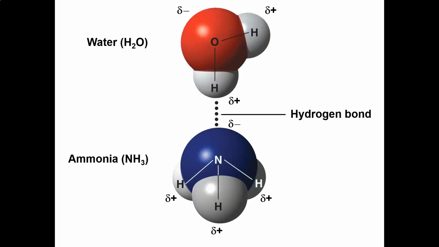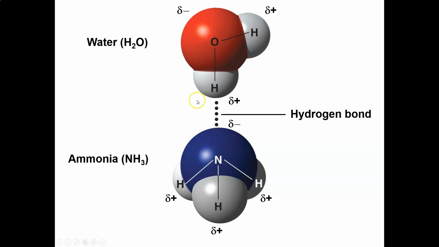So a hydrogen bond can form within a molecule or between molecules. And here's a case of between molecules. This also happens in water, but here's an example with ammonia. So here's our water molecule. Remember, the oxygen is slightly negative and the hydrogens are slightly positive. Well, the same case occurs in ammonia. Ammonia is NH3, so it's just nitrogen with 3 hydrogens around it.